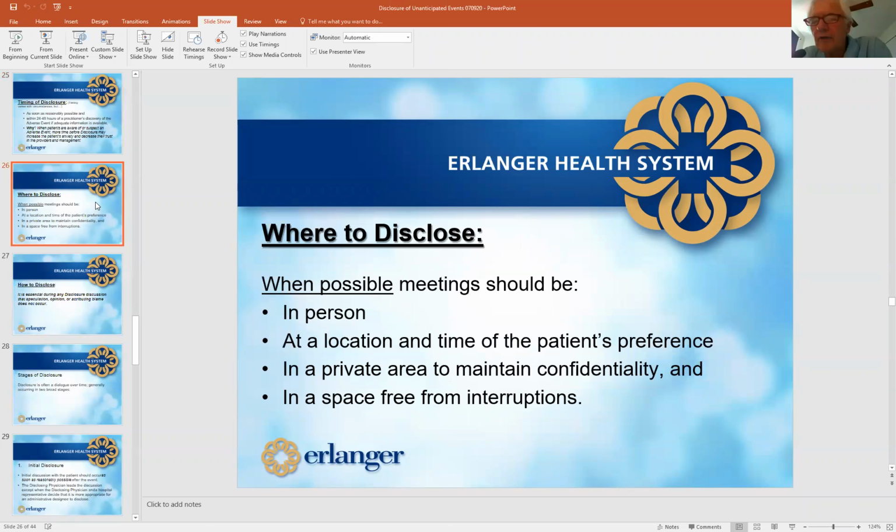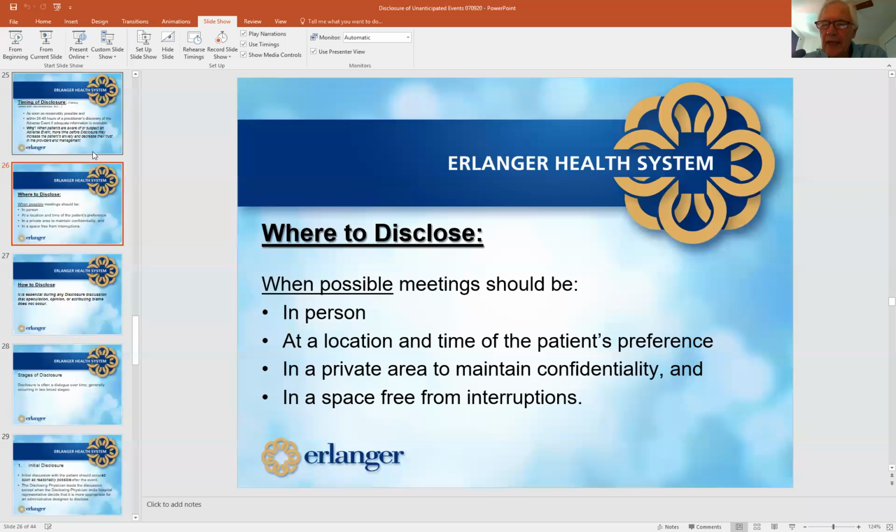The only real caveat to that is basically, as a resident, if you're a first-year resident especially, you need to notify your senior resident or covering resident, and you need to make sure that the attending is notified.